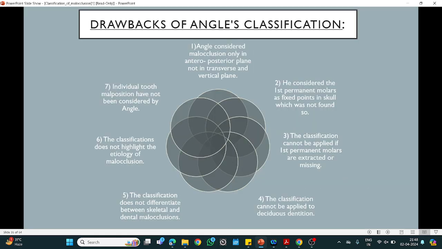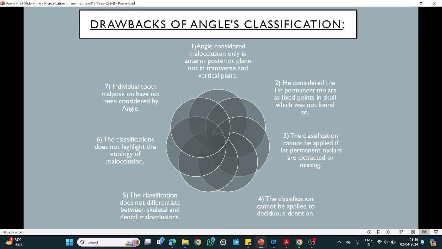The drawbacks of Angle's classification are: Angle considered the malocclusion only in the anteroposterior plane and not in the transverse or vertical plane. Second, he considered the first permanent molar as a fixed point, which is not true in all cases. The third disadvantage is that the classification cannot be applied if the first molar is missing or extracted.